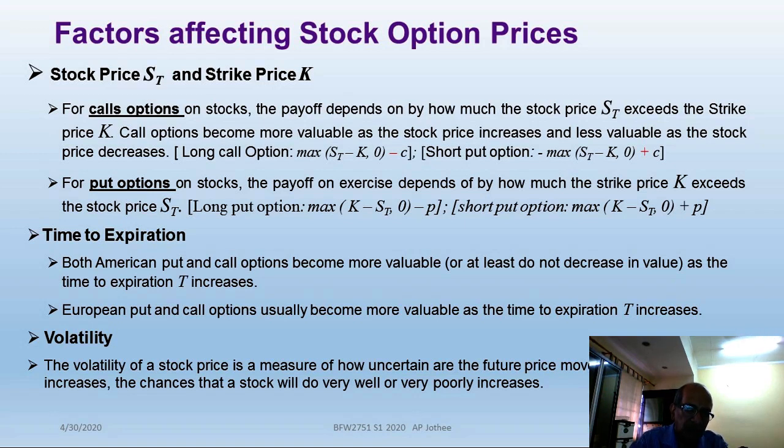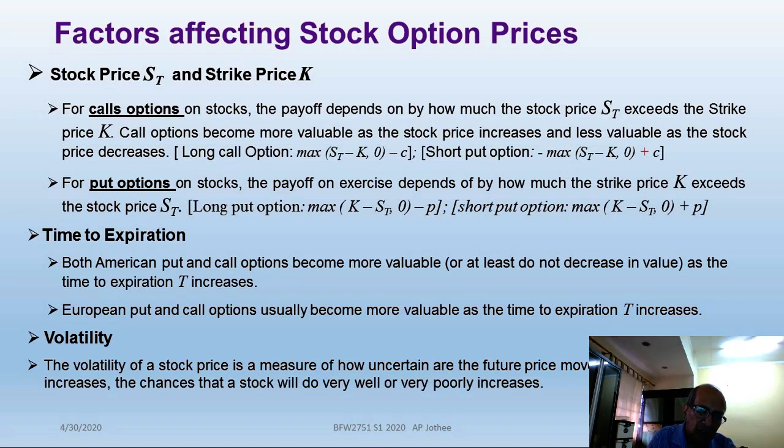For call options on stocks, the payout depends on how much the stock price ST exceeds the strike price. I told you it is ST minus K. The larger it gets, larger the payout will be. So call options become more valuable as the stock price increases and less valuable as the stock price decreases.